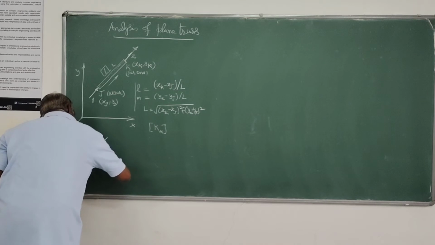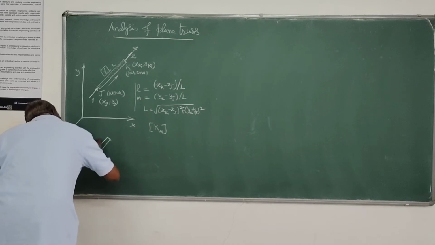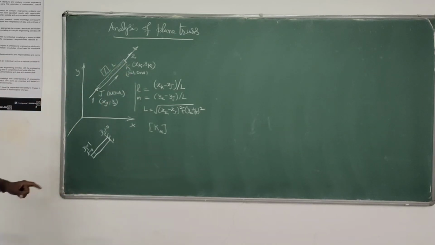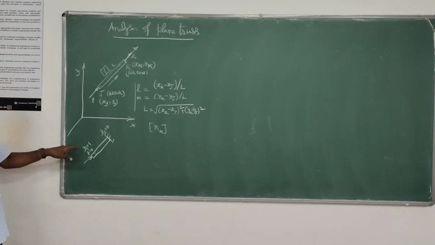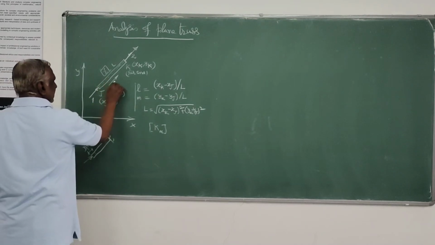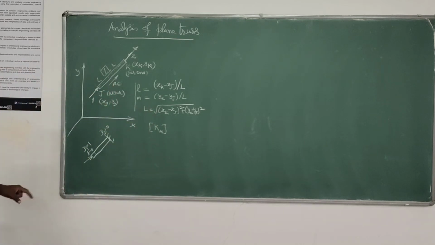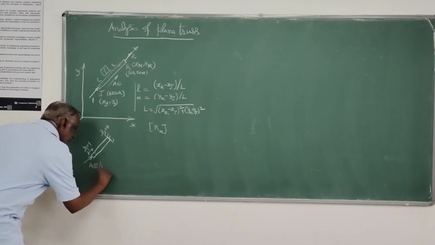First I will allow unit displacement in the direction of coordinate 1, fixing the other coordinate, that is D2 equal to 0. Then I will evaluate the force required to cause this unit displacement. Assuming AE is the axial rigidity and L is the length of the member, this force required is given by AE by L.